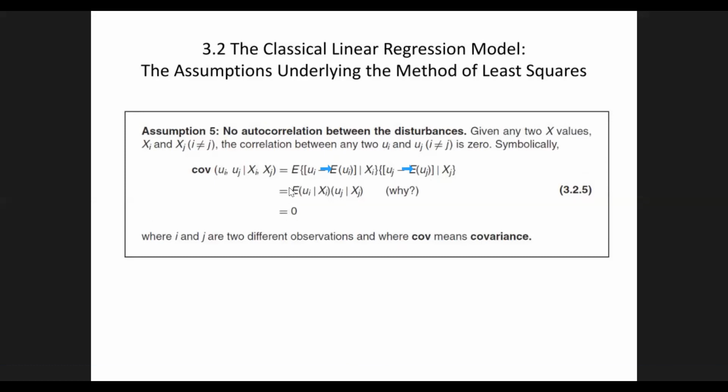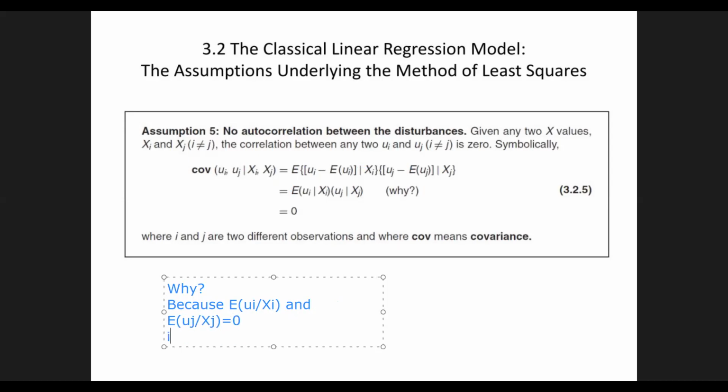Why? Because the expected value of ui for the given value of xi and the expected value of uj for the given value of xj are equal to 0.